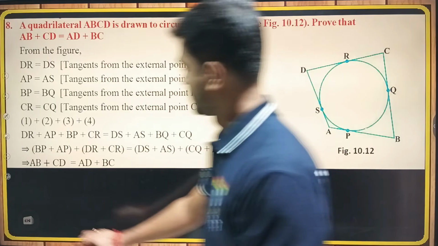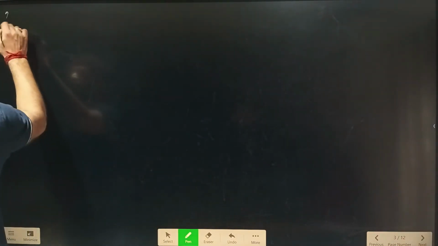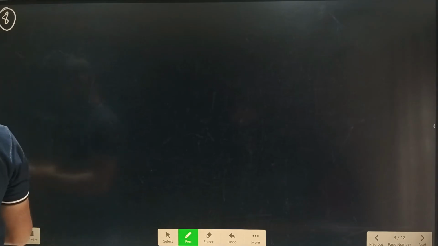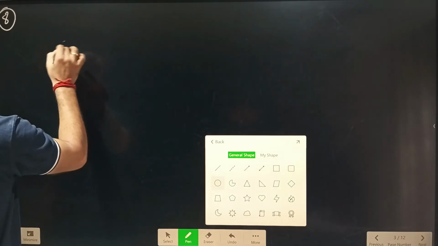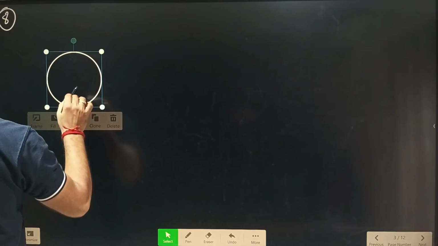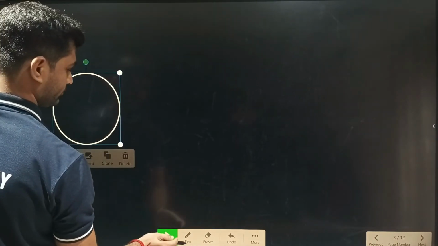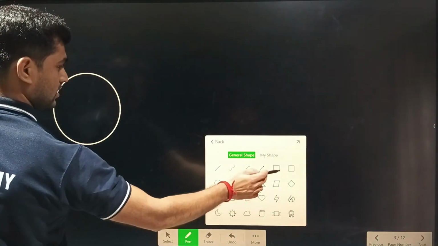Okay? So let's take the same question number 8. In this question, let's take a circle first. Here there is a circle. In this circle, dear friends, let's take a quadrilateral also.